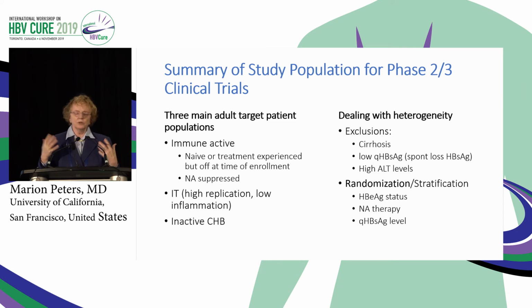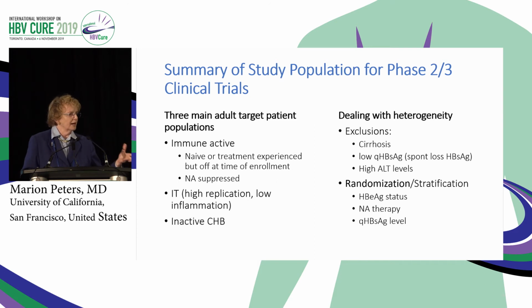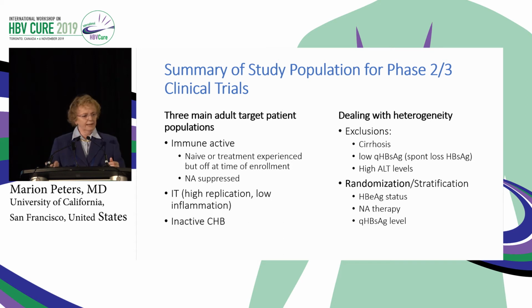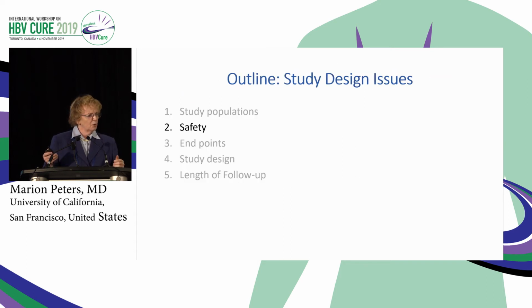And you can deal with the heterogeneity by exclusion, by randomizing on E antigen or stratifying on nuke therapy or not, and stratifying on the quantitative surface level. We know if the level is lower, you have a better chance of clearing, so I think it'd be important not to mix everybody in together. So what about safety?